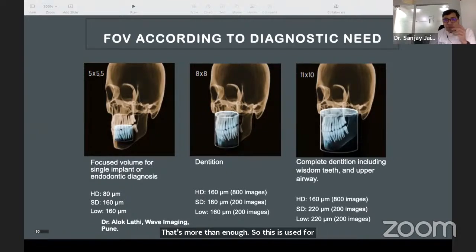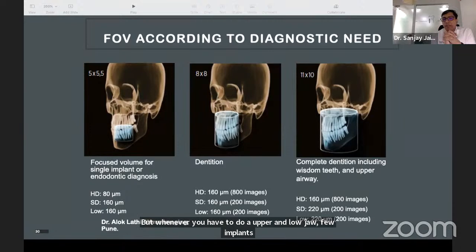But whenever you have to do the upper and lower jaw, a few implants, upper 3-4 implants, lower 3-4 implants, then it's always better to have a FOV of 8x8.